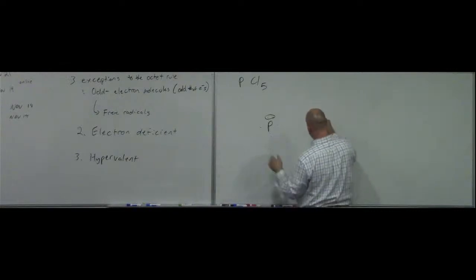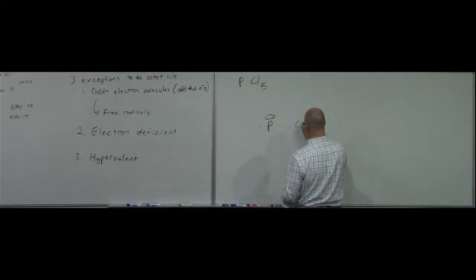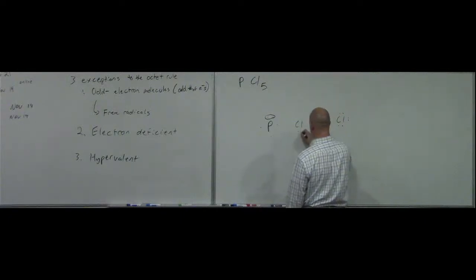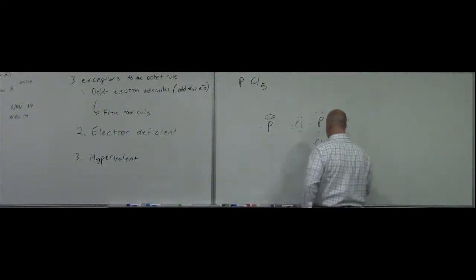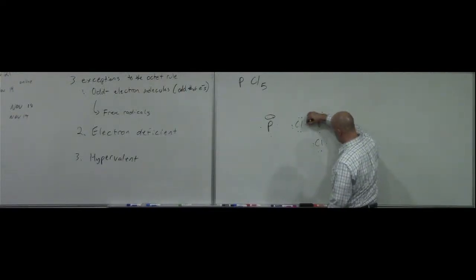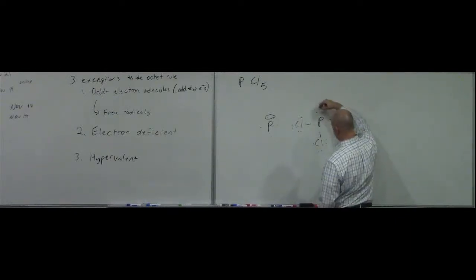I'm going to look at it the same for right now. I'm going to put a Cl off of each of these. Oh, sorry, I've got to go ahead and bond these, don't I? But now I've got to put 2 more off here.